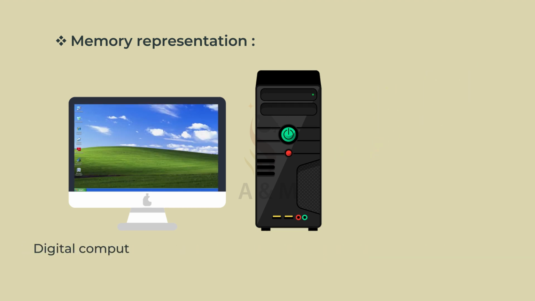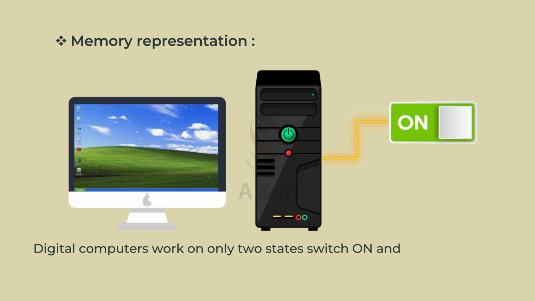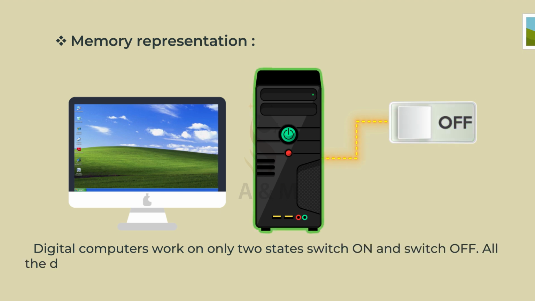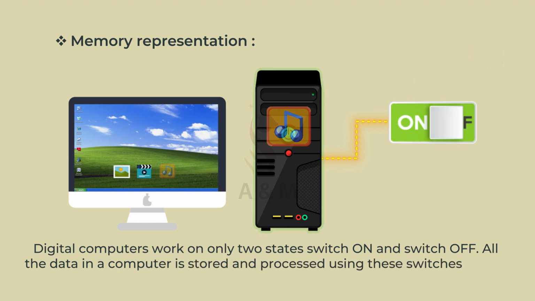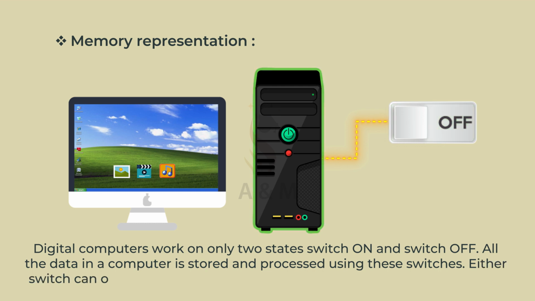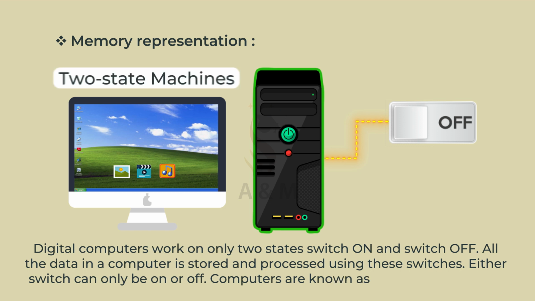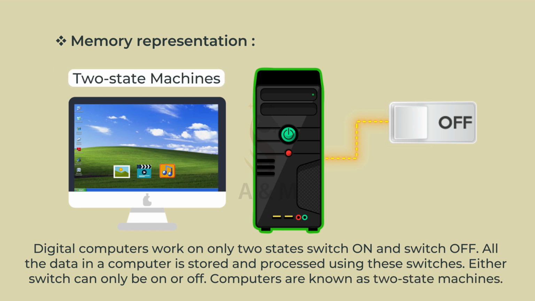Digital computers work on only two states, switch on and switch off. All the data in a computer is stored and processed using these switches. Each switch can only be on or off. Computers are known as two-state machines.